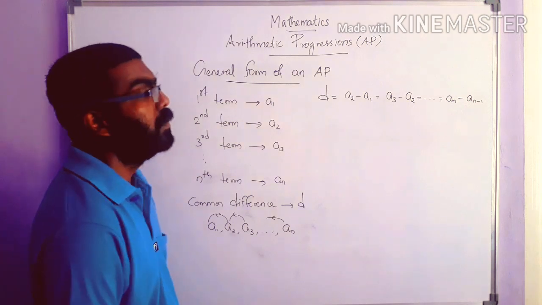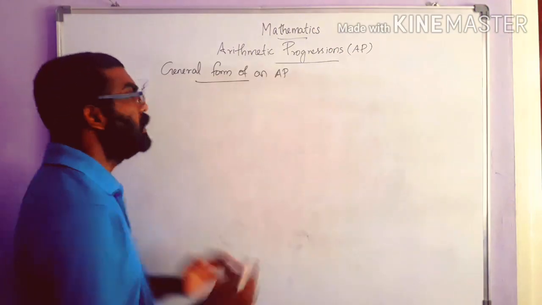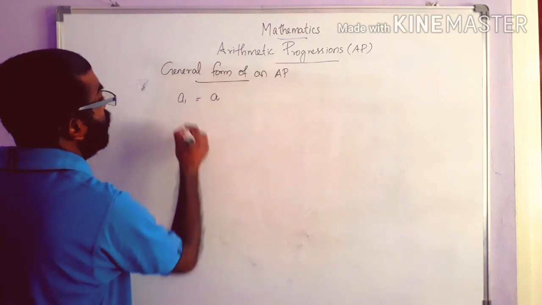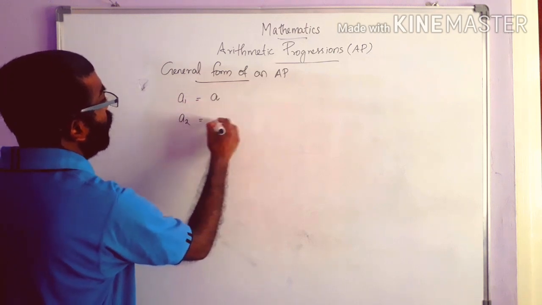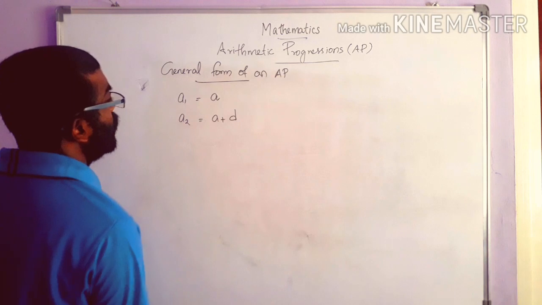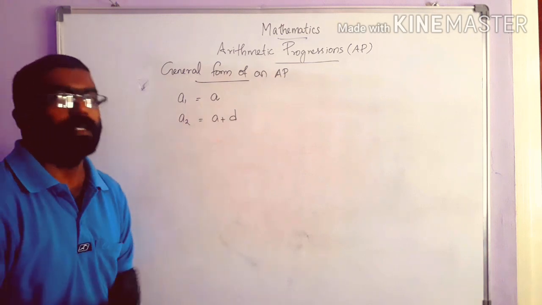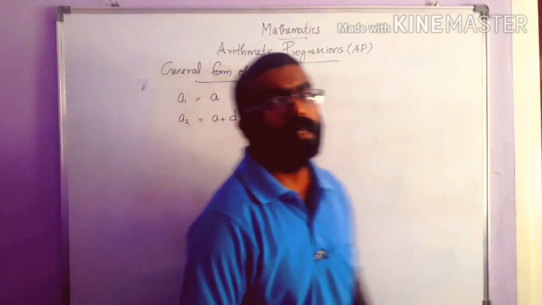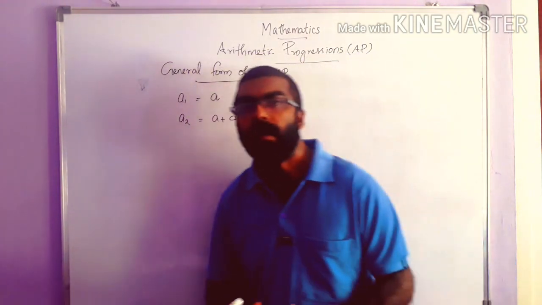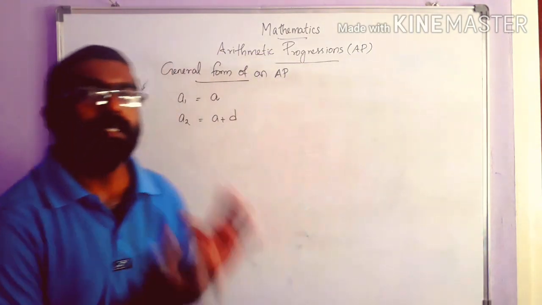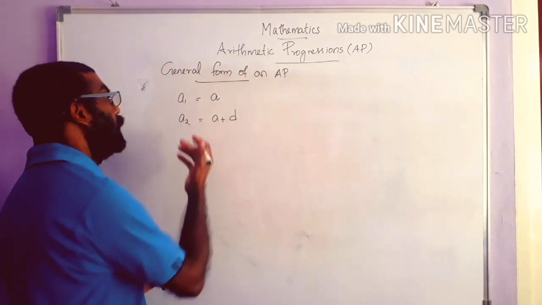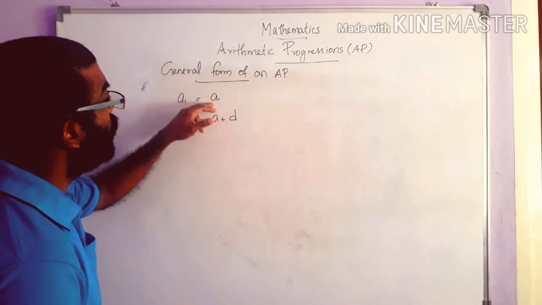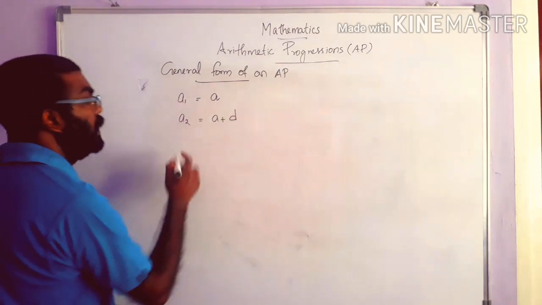an minus 1. Okay. Now if the first term a1 is a, then a2 is equal to a plus d. First term plus d, the common difference. As we know, an arithmetic progression is a list of numbers obtained by adding a fixed number to the preceding term. So in order to get the second term, we have to add the common difference to the first term, that is a plus d.